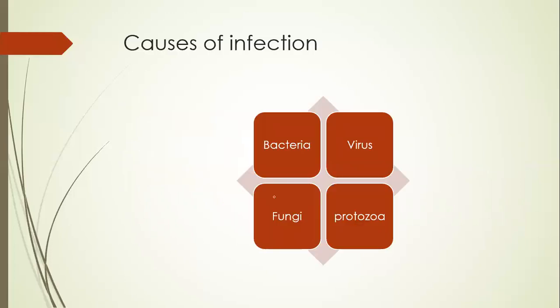Then the causes of infection are divided into four groups: bacteria, virus, fungi and protozoa. Bacteria means different forms responsible for developing infection, like streptococcus pneumoniae or staphylococcus.